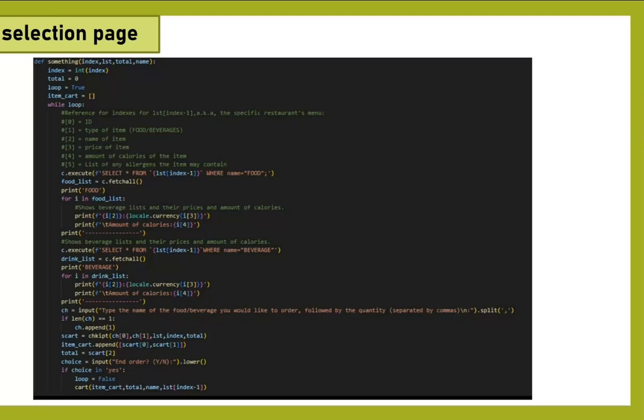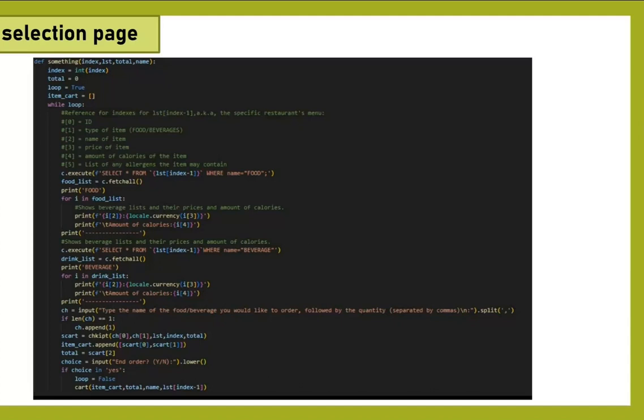Then we have to check whether or not the food or beverage they ordered is within the menu. We do that with a method called chkipt. This is a method that simply checks in the database whether the food or beverage they ordered exists within the database. If it does, then we'll move on to item cart.append. This line basically appends the food or beverage followed by the quantity as a list into the item cart, and the price will be added to the total.